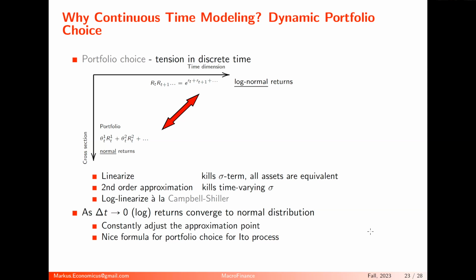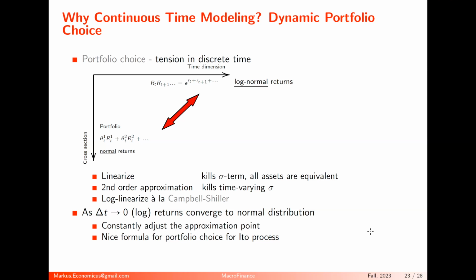Typically, in discrete time models, in simple models, we would like to maintain the same distribution in the returns of a portfolio as in the individual assets. Otherwise, we can only simulate; we can't do anything analytic.